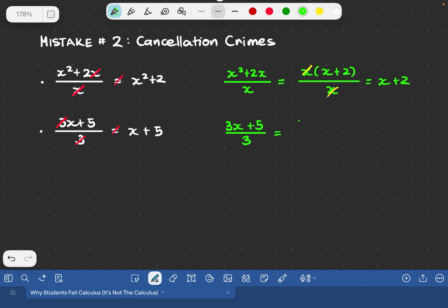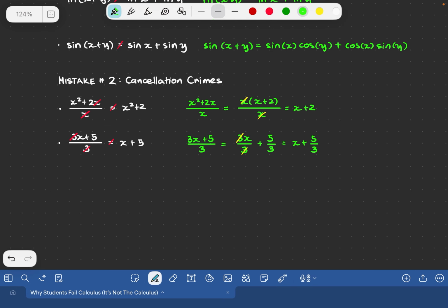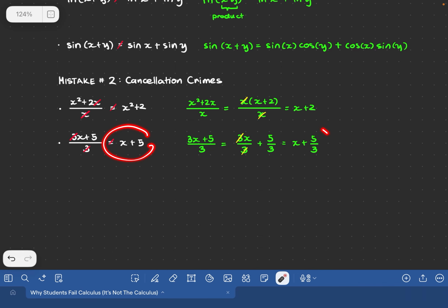This will yield us 3x over 3 plus 5 over 3. But this time we can cancel out the 3's out here, leaving us with x plus 5 over 3. Again, clearly these two are not the same.